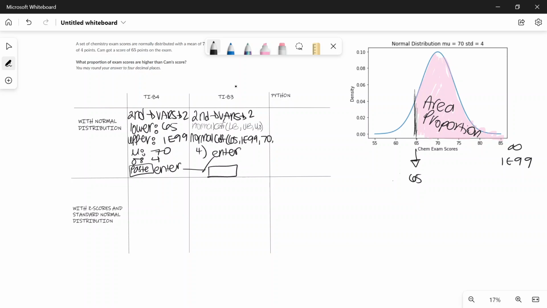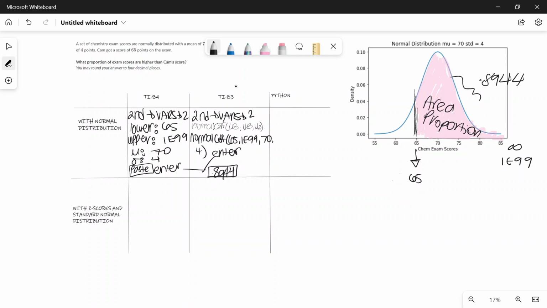Then comma, 70, comma, 4, close parenthesis, enter, and you should get 0.8944. That is the proportion, this pink area over here. That's the proportion of exam scores that are higher than that of CAM's, 89.44%. So that's how we do it that way.